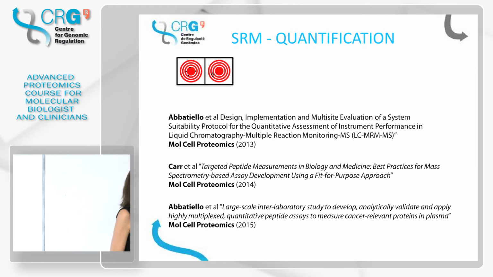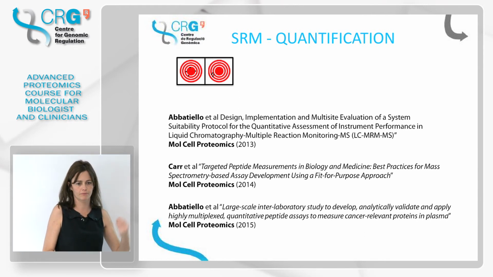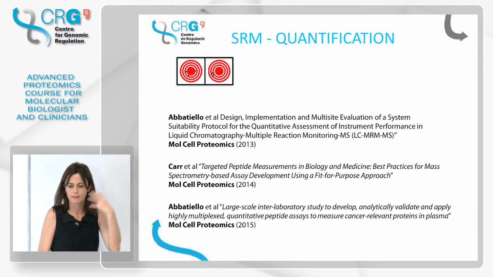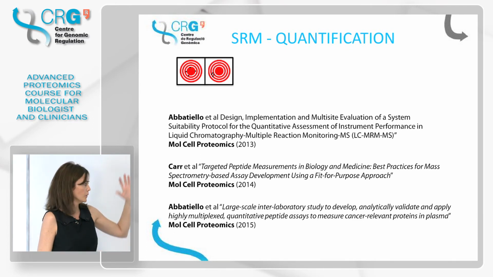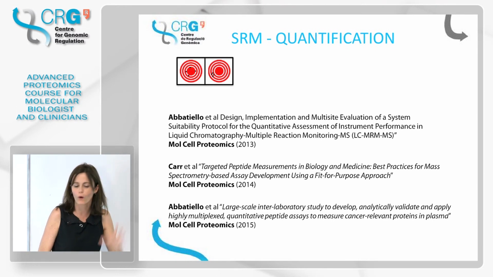These are 3 papers that I put here for all these thoughts that we have about quantifying correctly. They do these multi-center experiments with all quality controls that one can imagine, and these are nice papers to read if you are interested in doing one of these assays.